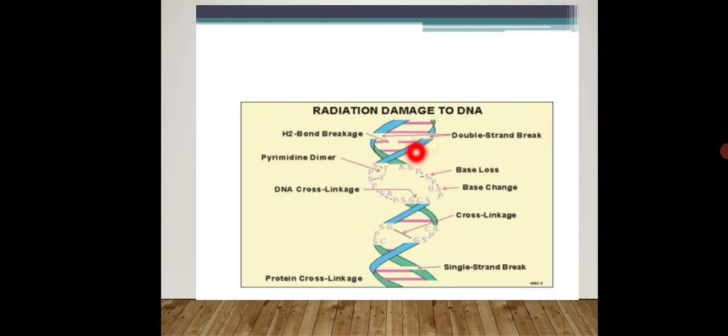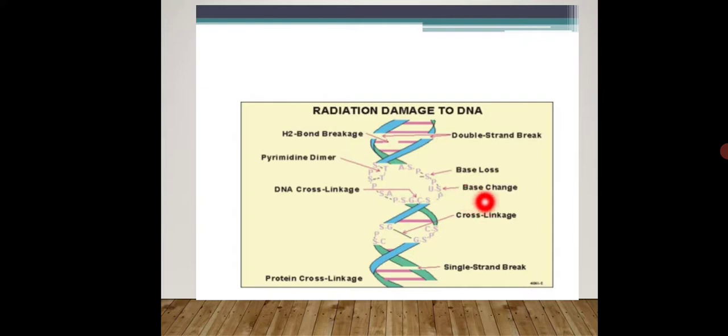It may break the double strand and create a gap, or it may lose a base, remove any base, or change the base. We know that adenine base pairs with thymine, but instead of this normal base pairing, it may add another base pair which may create the mutation.